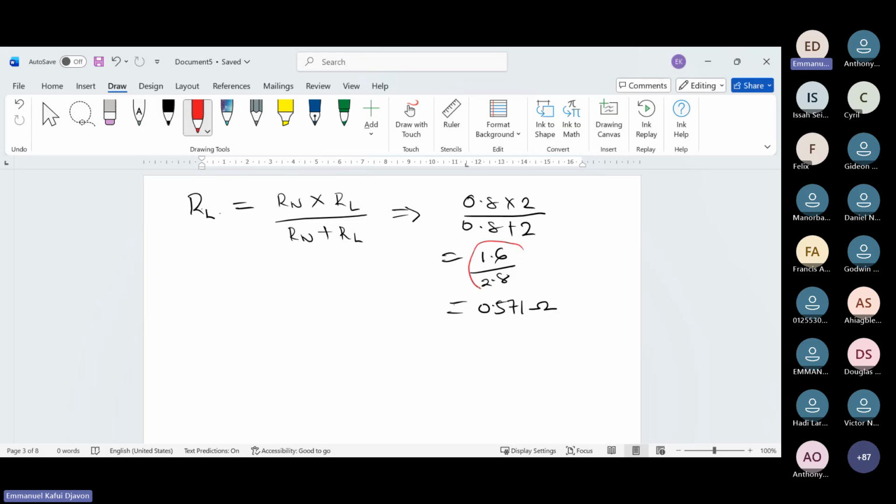The denominator is bigger than the numerator, so it will be 0 point. Then you add 0. Can you see it? Yes, sir. So here you get 0 point, you add 0, and that is how you do your arithmetic.